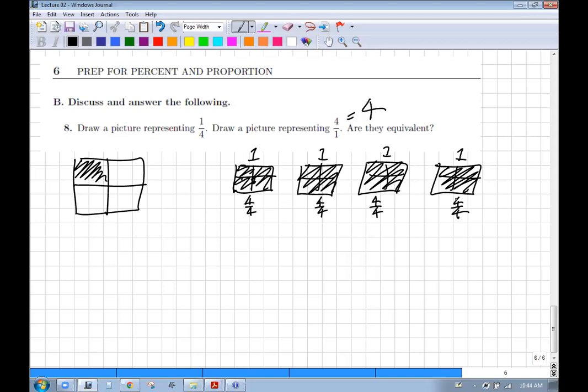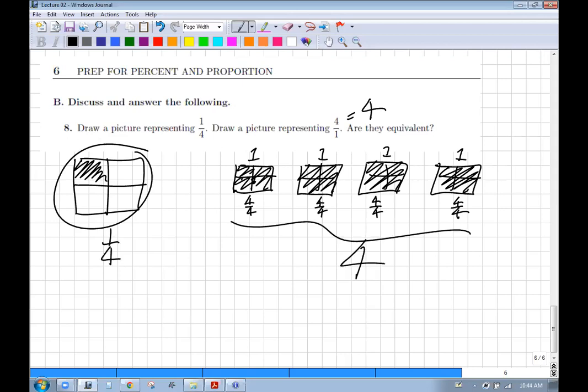We need 4 whole squares or whatever, whereas this one is 1/4. This one over here is 4 total, so no, they're not equivalent. 1/4 is not the same thing as 4. 25 cents is not the same thing as $4.